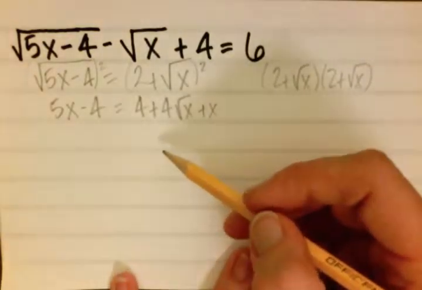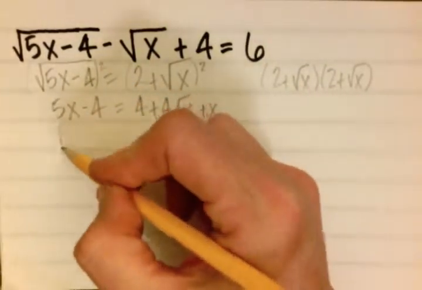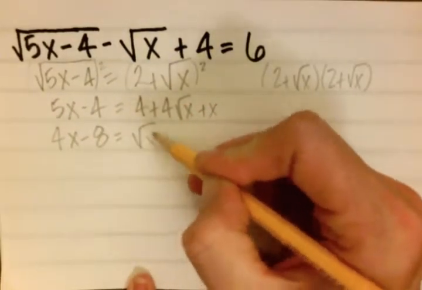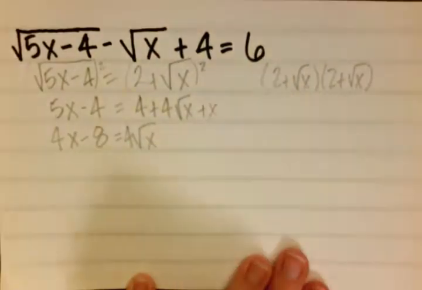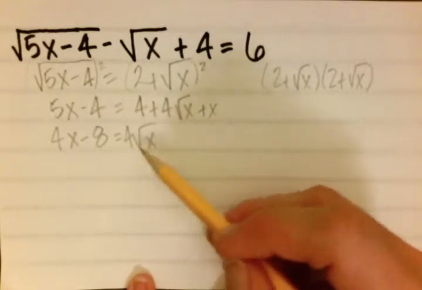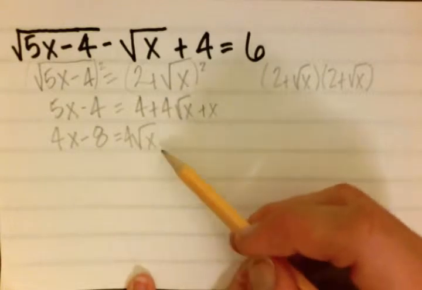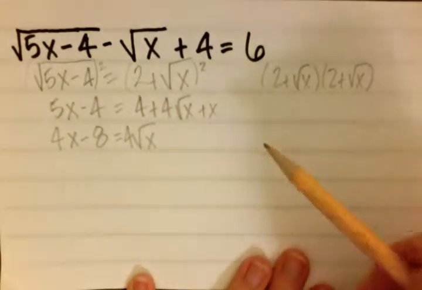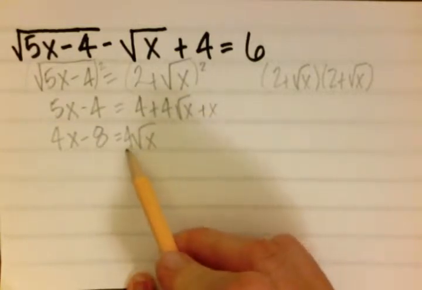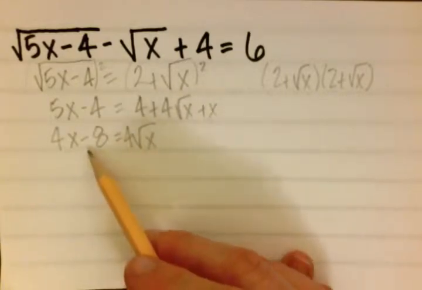And when we do that, we get 4x minus 8 equals 4 square root x. Okay, so we've now isolated our radical on one side of the equation again. This time we're multiplying a 4 by that radical, so we want to make sure we divide both sides by 4, because whatever we do to one side of the equation, we must do to the other.